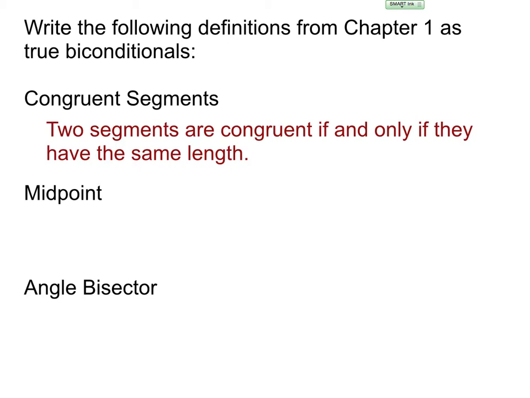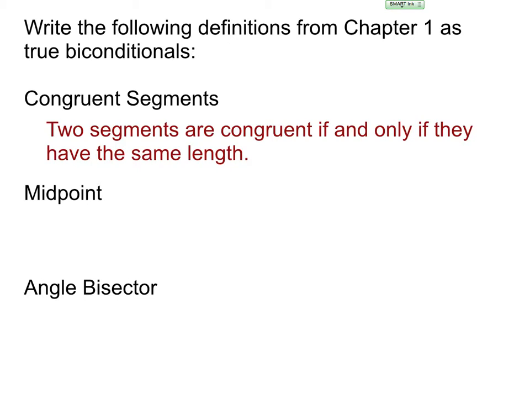Midpoint, how would you do that definition with the words if and only if? You might have to start by saying a point is a midpoint if and only if. What did that definition say? How do you clarify it's in the middle? Bisects, how do you know it bisects?